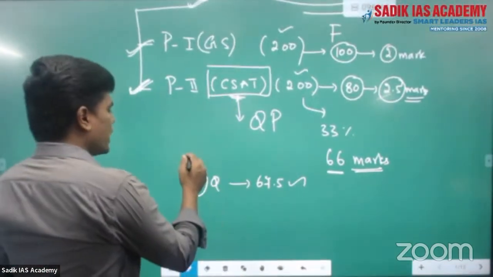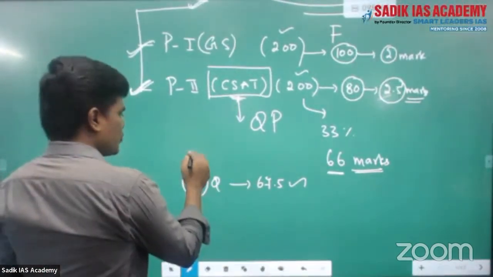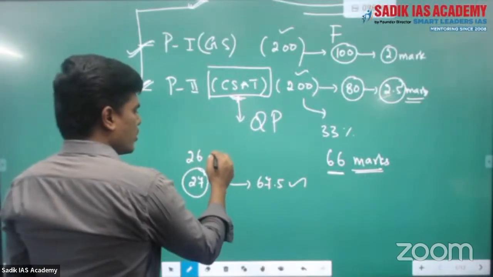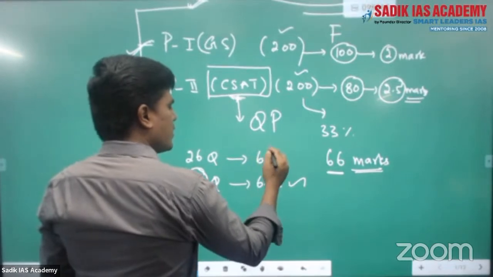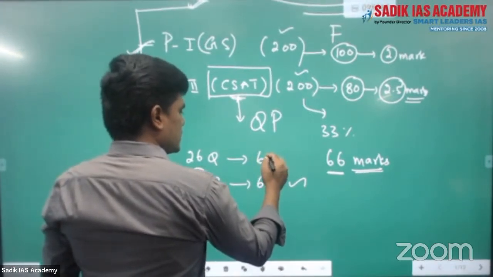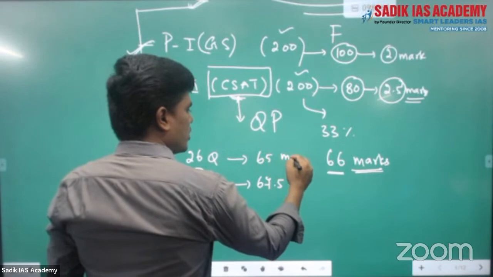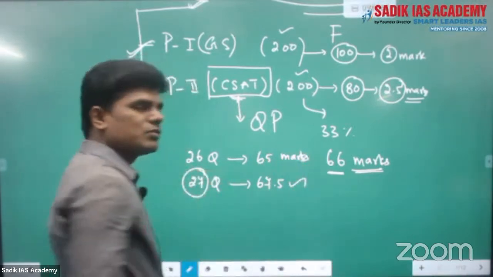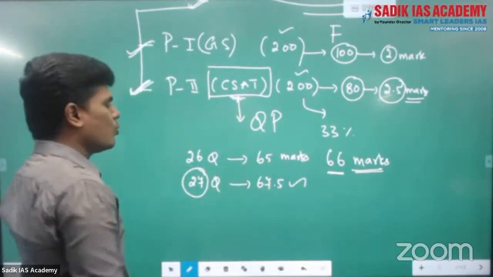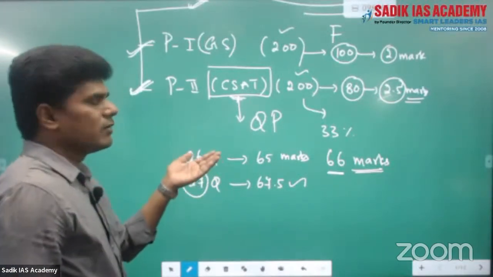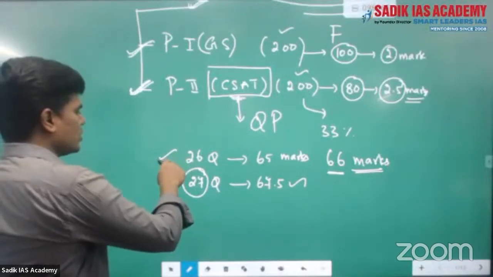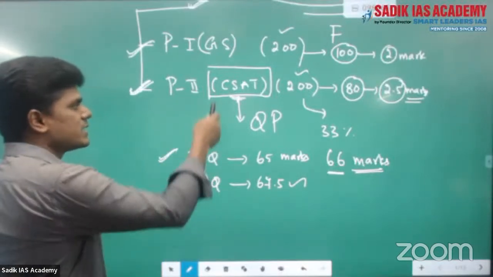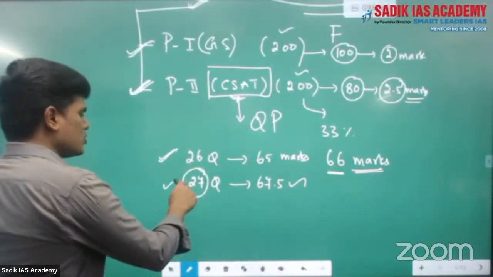Suppose you write one question less, 26 questions, you will be scoring only 65 marks, which means you are 1 mark short of the qualifying mark. So in this case, you are not qualified in the CSAT paper, whereas in the earlier case, you are qualified.